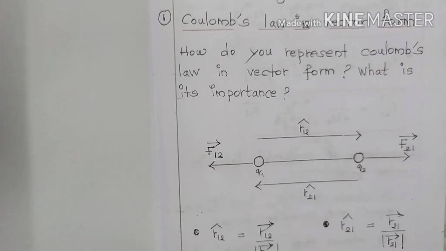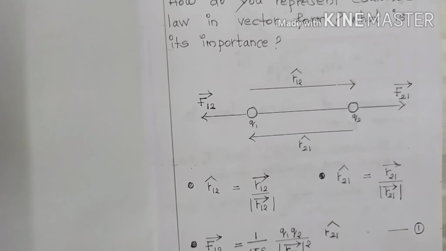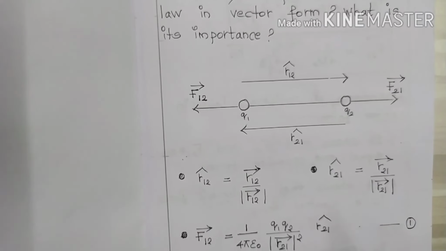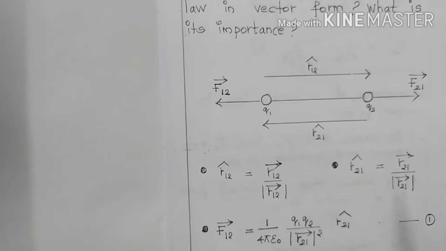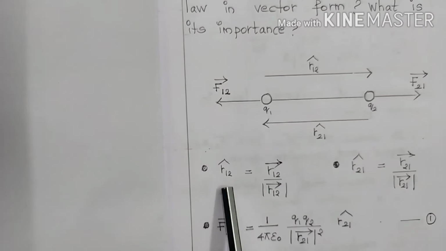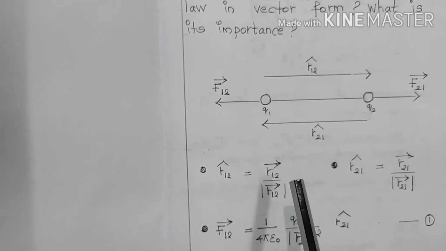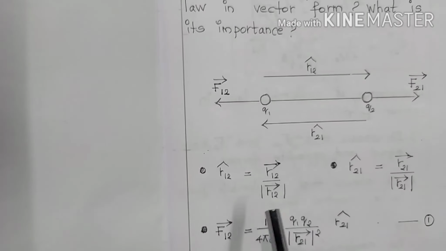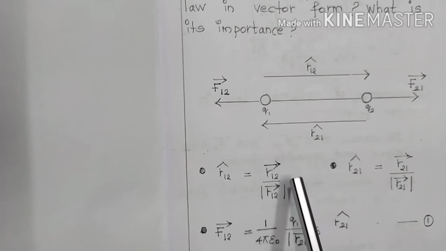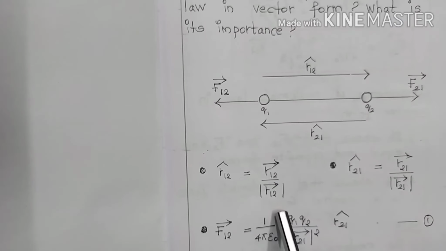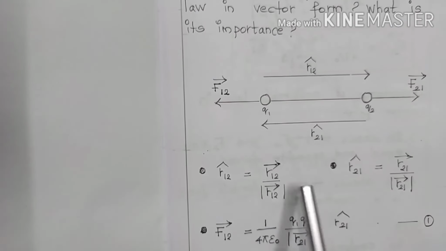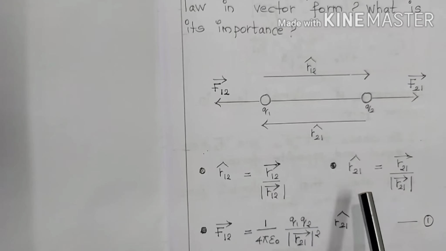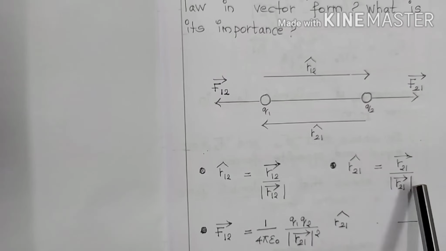Okay. Now as you all know, unit vector is equal to vector divided by its magnitude. So R12 unit vector is the R12 vector divided by its magnitude, that is the modulus of R12 vector. Similarly, we have written the expression for this also.